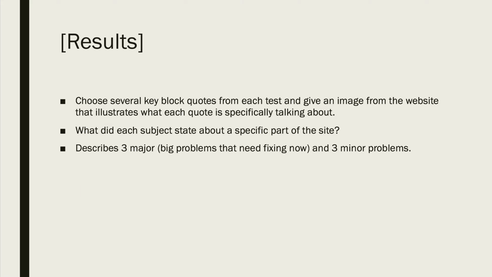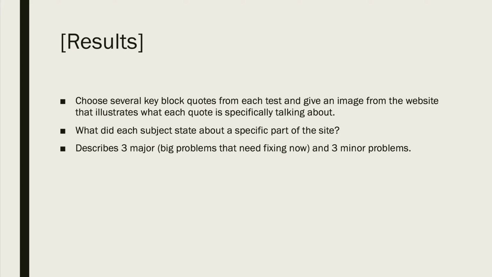So then in results, you're going to take away key block quotes from the test that you did and give an image of the website that illustrates what the quote is specifically talking about. So the results is when you're saying, this is where we had problems, this is what actually happened. And when you're doing your usability test, you need to take notes on what was said so you can demonstrate.